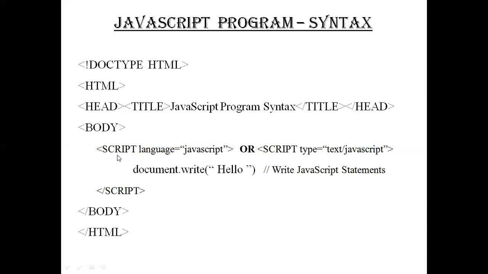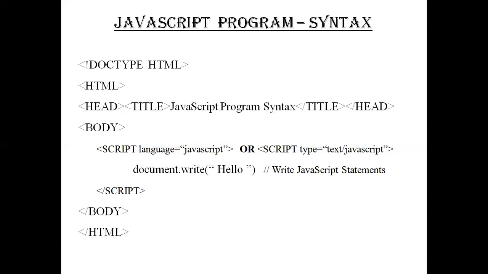So here we will be using the script tag with the language attribute and JavaScript as the value. This is the general syntax of a JavaScript program. We have also learned some built-in functions for calculations: parseInt, parseFloat, and prompt, when you want input values from the user at the time of program execution.